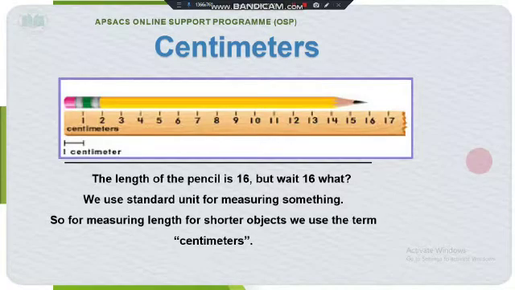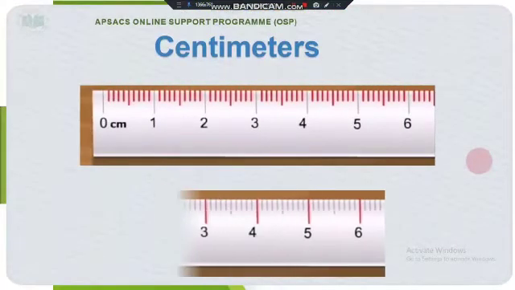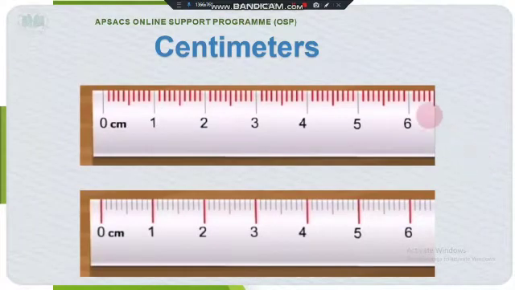Is it clear? Now let's see over here. I have the pictures of two scales. Now you see there are some markings on this. Count the markings from 0 to 1, 2, 3, 4, 5, 6, 7, 8, 9 and 10.